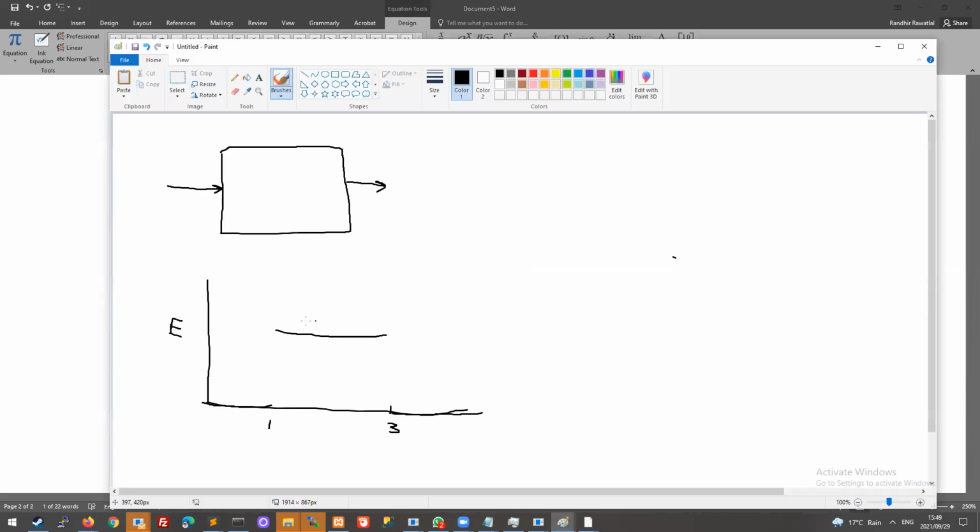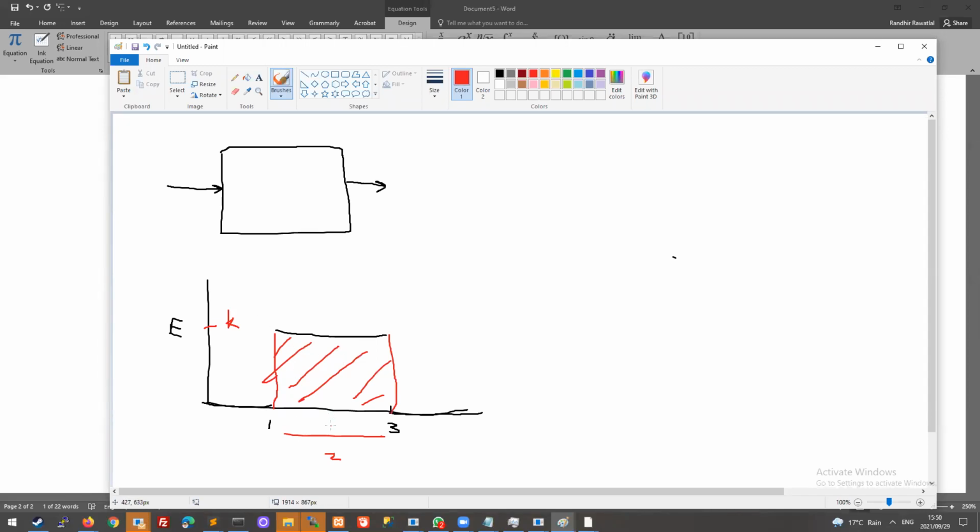Now, if you look at this, you could define the height here to be K, let's say. So let's say this is K. And the area of this box then is the area under E. So the height K times the width here, which is 2, since 3 minus 1 is 2.